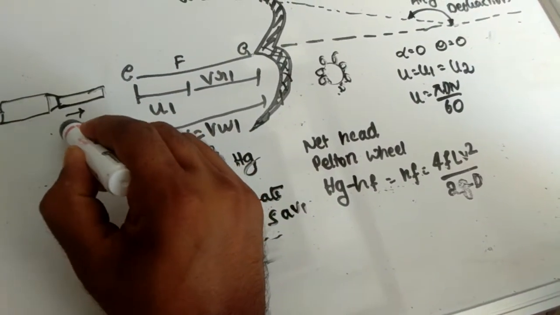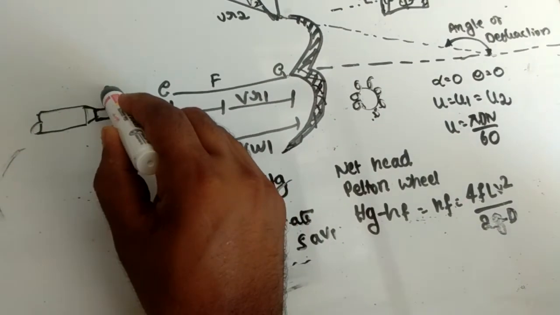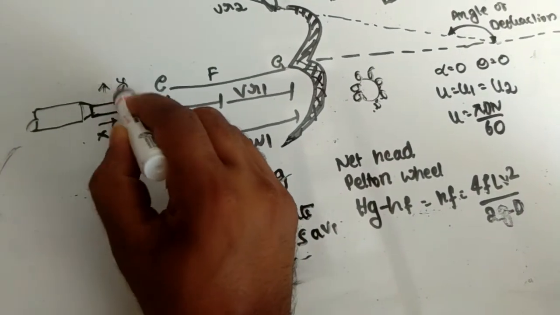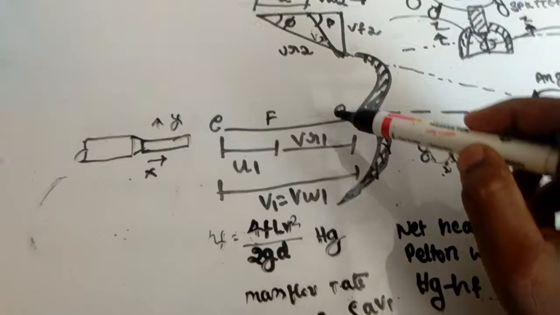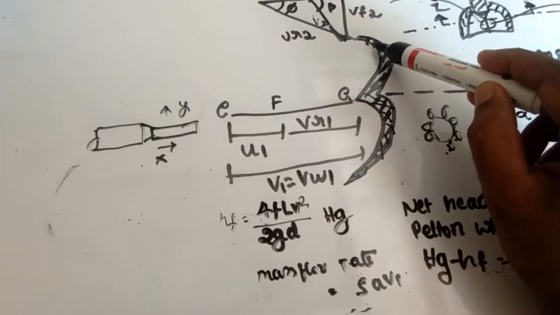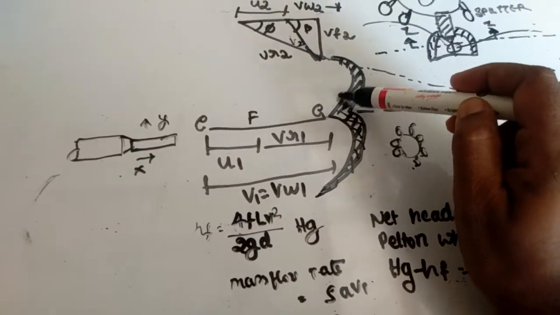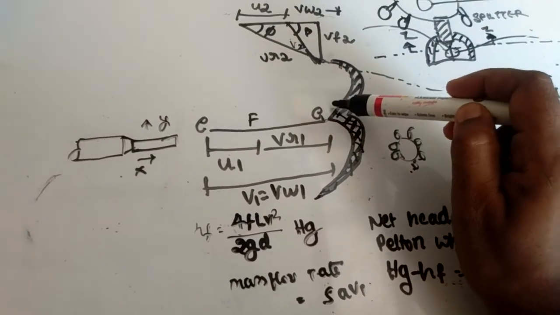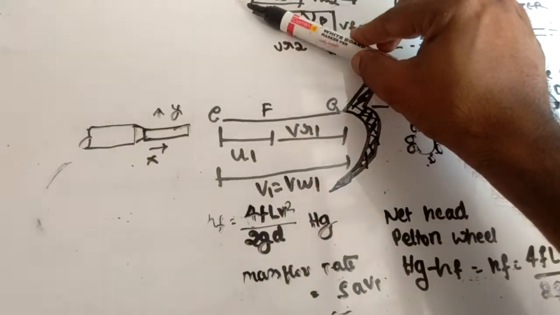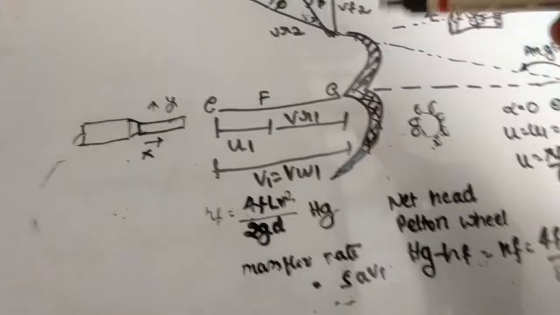The water is moving in this direction, along the x direction and y direction. At the outlet, the velocity with which the water is flowing is called the absolute velocity, the velocity of the flow itself. What is next? VR2. Then after that we'll go for the inlet velocity.